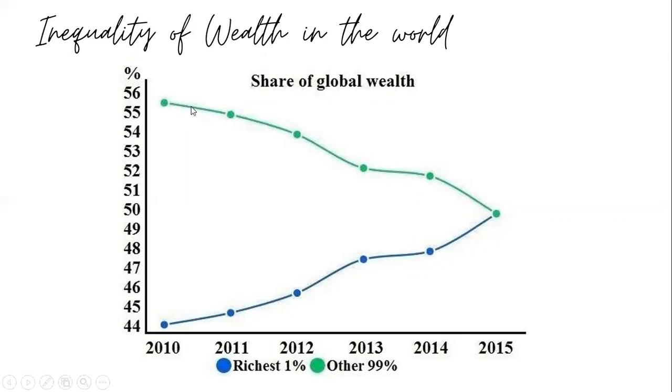This green line and these dots represent the share of global wealth of 99% of the world. In the year 2015, which is 5 years ago, the richest 1% had more money than 99% of the world.